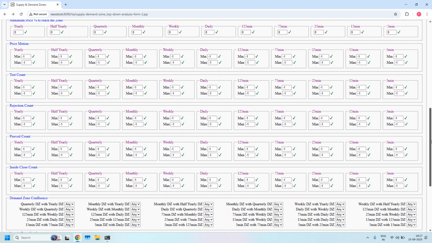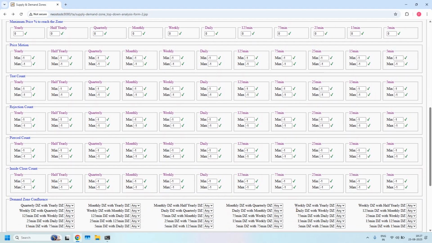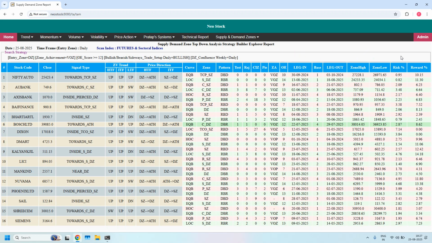That is daily and weekly demand zone confluence, LTF and ITF. So by enabling the filter and applying on the 23 stocks, now the list has come down to 16 stocks. In all the 16 stocks, all these daily demand zones are overlapped with weekly demand zone. That is what demand zone confluence, daily plus weekly.